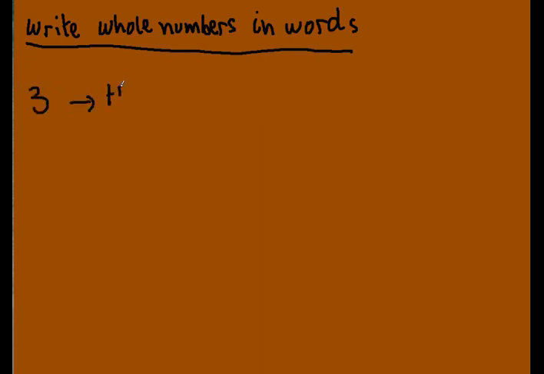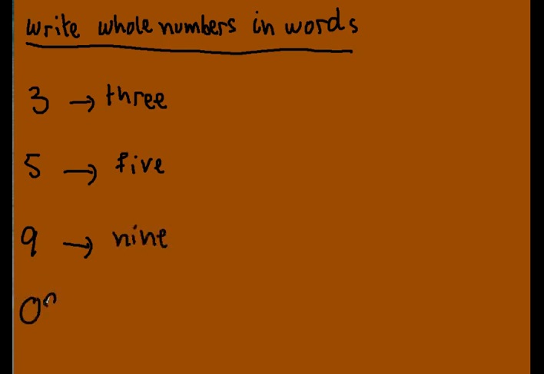How would you read this? You would read it as 3. This one, you would read it as 5. This one, you would read it as 9. And look at this one. How would you read it? Would you say 0, 9 and sound weird and everybody's looking at you weird?